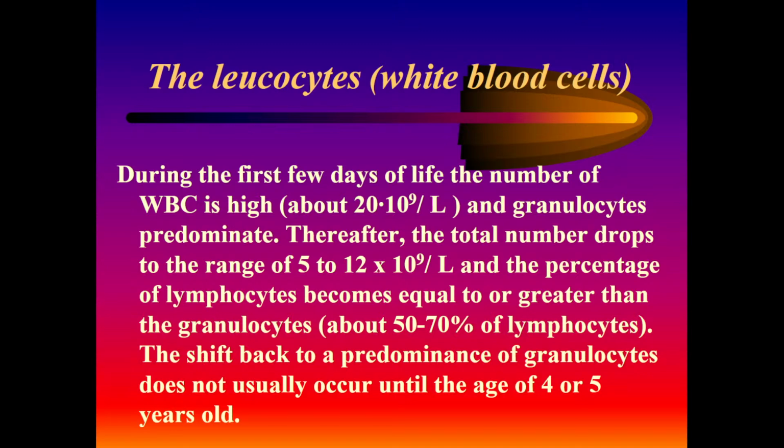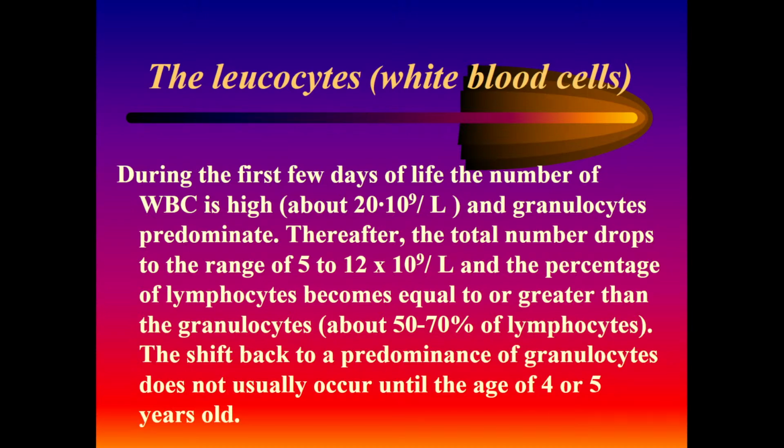You can see here in these slides, during the first few days of life, the number of white blood cells is high, an average of about 20 in 10 to the 9th degree per liter, and granulocytes predominate.